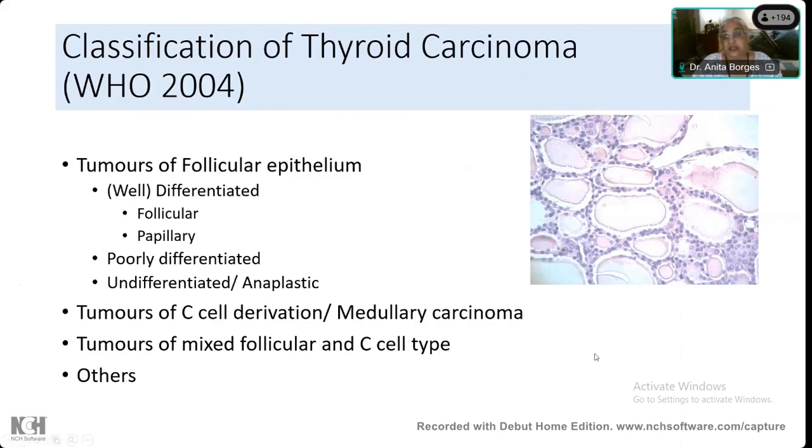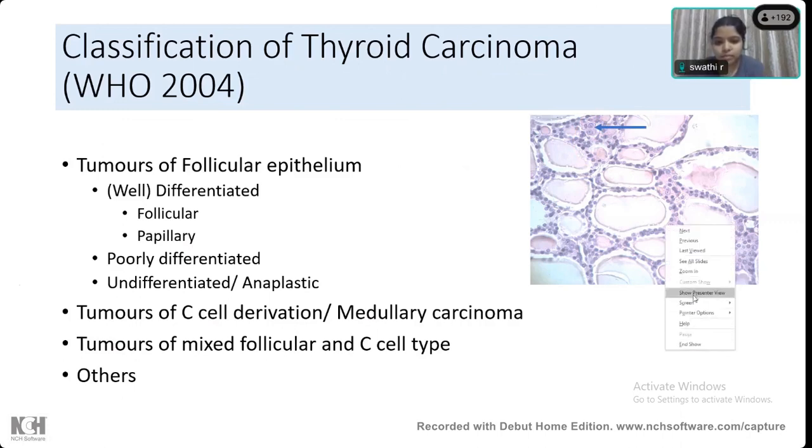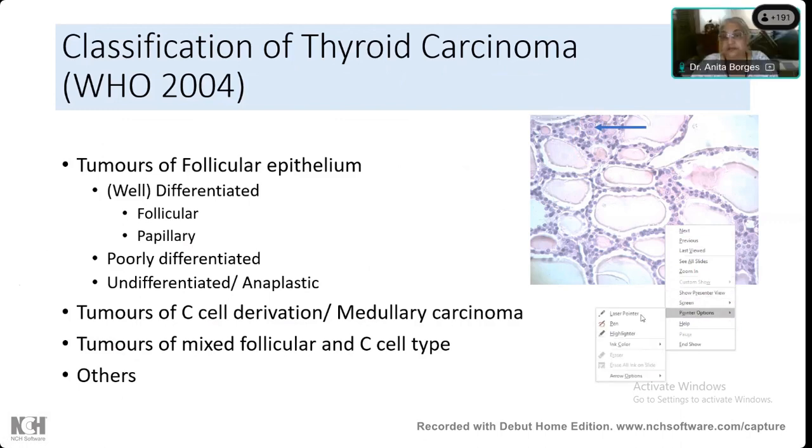But yes, somebody did mark the C cells over there, and these are C cells where the arrow is. That's the only real C cells that I could see in this picture. They're very difficult to see.